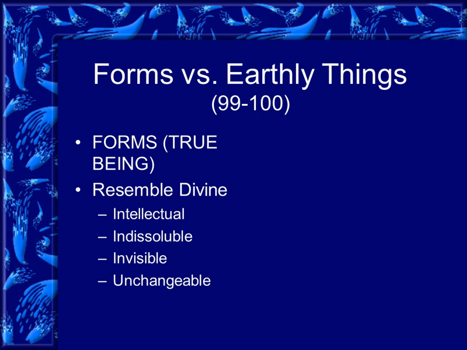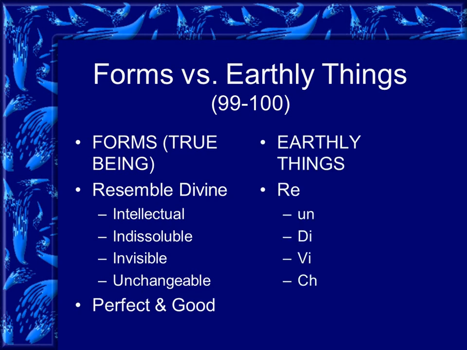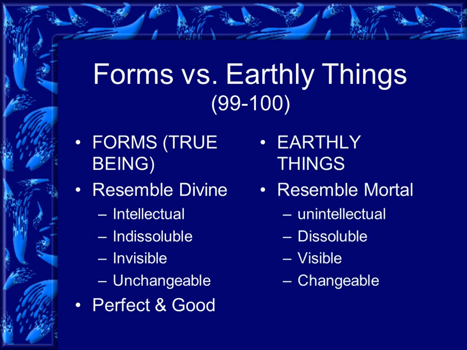It's there eternally. Triangularity is there eternally, etc., right? But we saw that they're not accessible to the senses, so they're invisible and unchangeable. What triangularity is does not change. It was the same now as it was when I was in Poly. So, they're perfect and good, but earthly things, dissoluble, visible, changeable, are imperfect and to some sense evil.